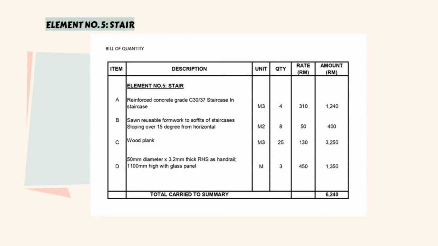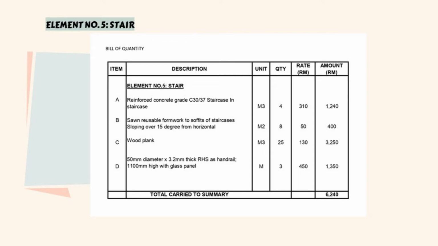For formwork, we use sawn reusable formwork, and the quantity for reusable formwork is 8 meter square, and it costs around 400 ringgit. And for wood plank stair, we use 25 meter cube of wood plank, and they cost us 3,250 ringgit.